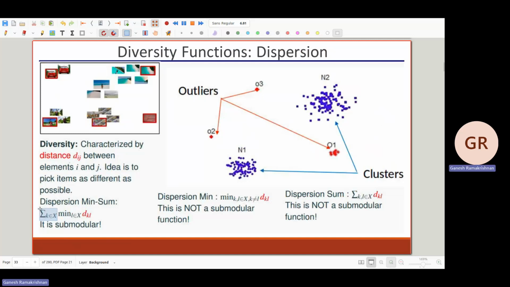Here, the outer summation is also over the subset that you want to select, and the inner minimum is also over the subset only. So basically, I'm saying I'll pick a set such that the points within the set are as far away as possible. I don't care for the overall set because I don't care for representation. That's the whole idea of diversity. Diversity should be only a function of what I pick and not what I don't pick.